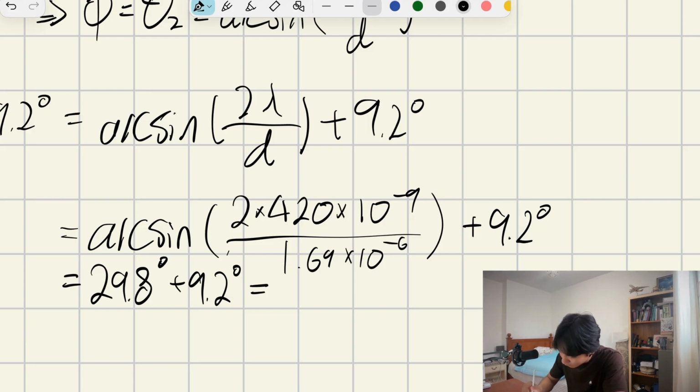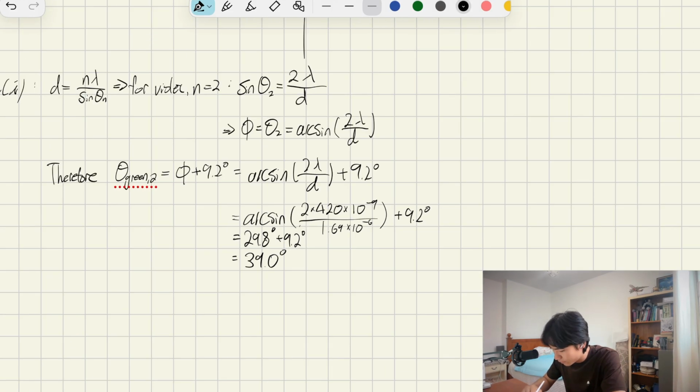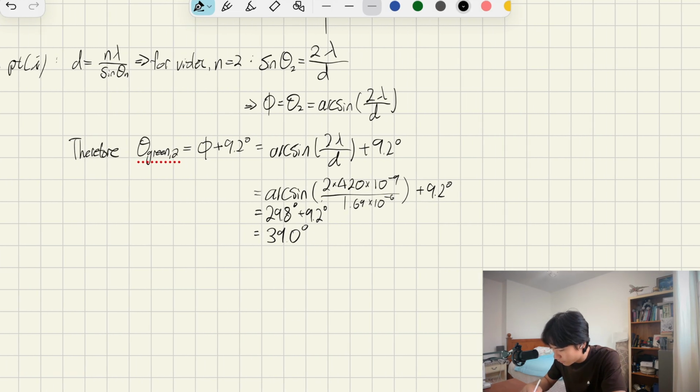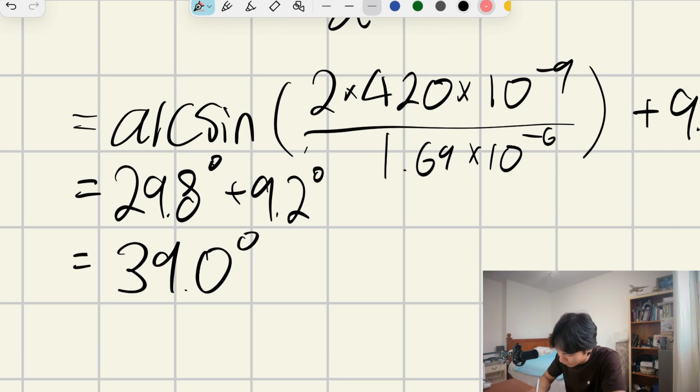And this must equal, just double checking my calculation, 39.0 degrees. And if you haven't done rigorous significant figures yet, you might ask yourself, we're adding 3 significant figures with 2 significant figures, so why are we getting 3 significant figures?